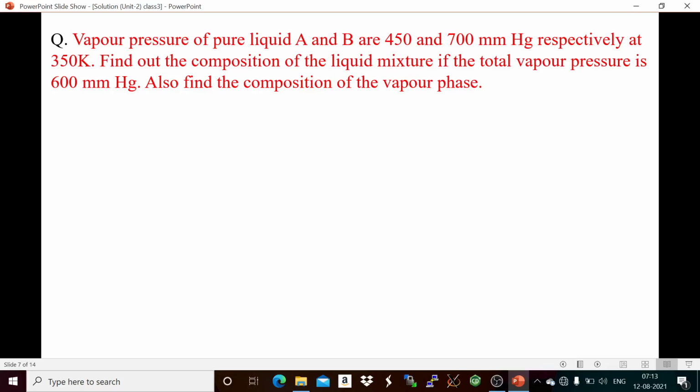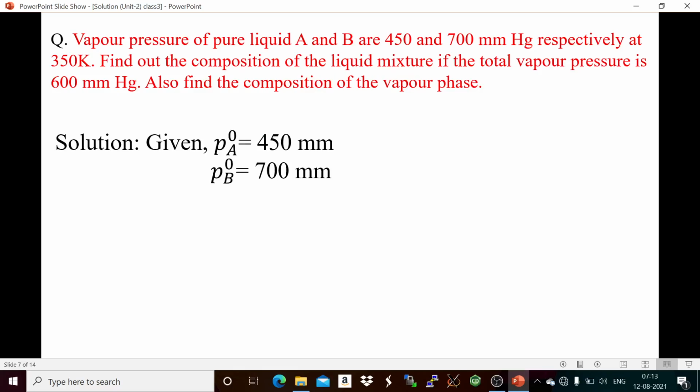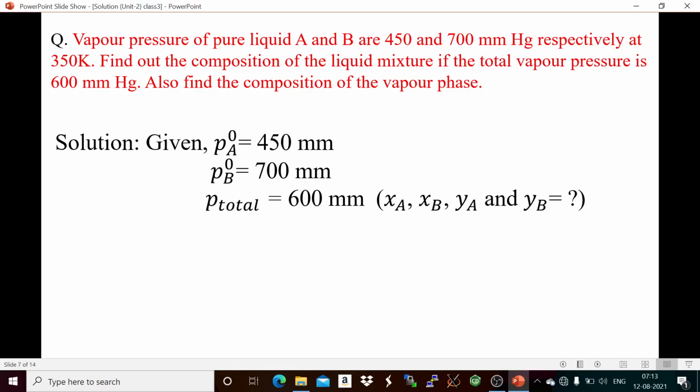So given PA naught is 450, PB naught is 700 mm, P total is 600 mm. We have to find XA, XB, YA, YB.